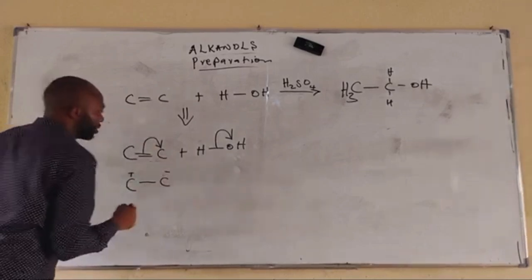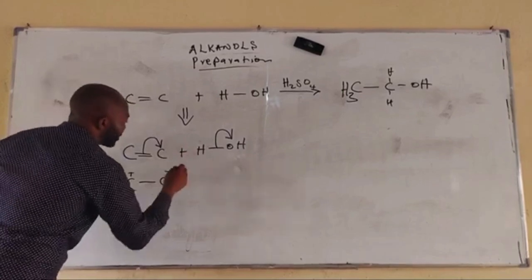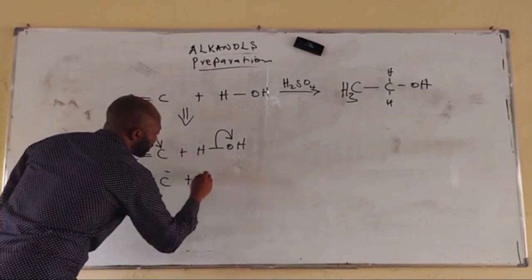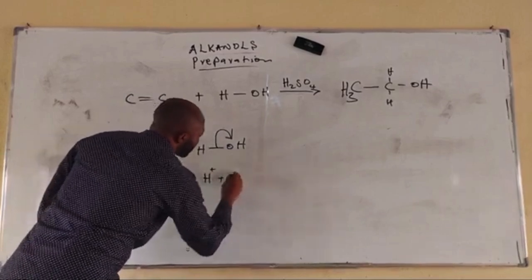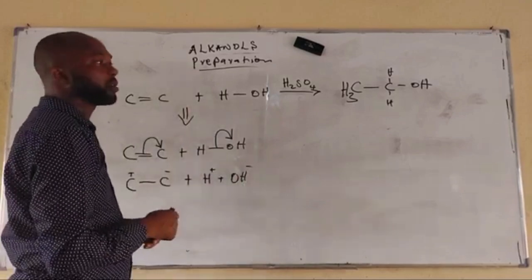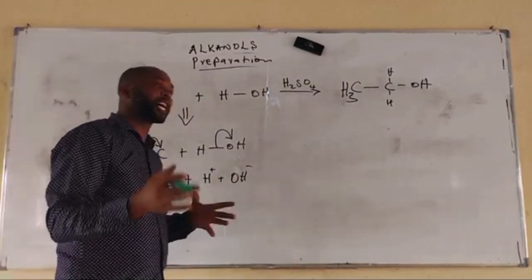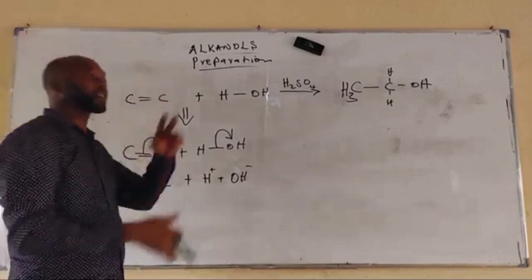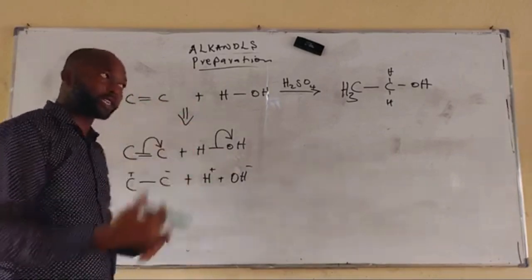It is now looking for another to balance that. Then plus hydrogen which has given out becomes positive, plus the OH which has received becomes negative. And in chemistry or in physics or in science generally, we've been told that positive charge attracts the negative. Okay, the positive attracts the negative.